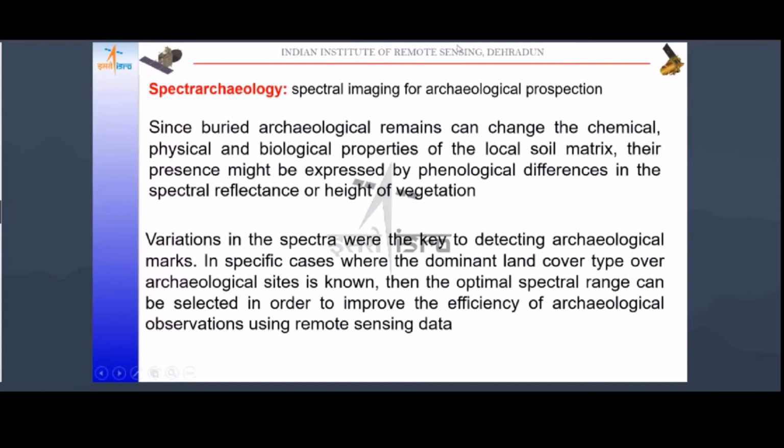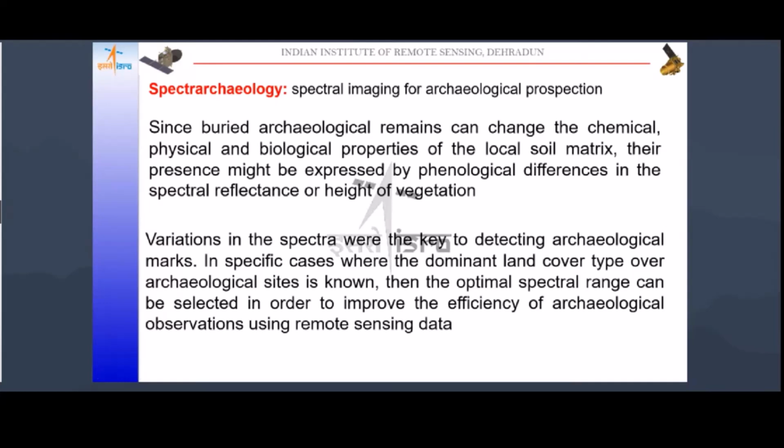So what I mean to say is that if we are looking at the image and there are some buried structures underneath, say like a wall that is buried or some other feature that is buried inside, the color of the soil on the top may be different from that of the surrounding. So this will be an anomaly that we need to look for and which will be made clear with the help of interpretation techniques.